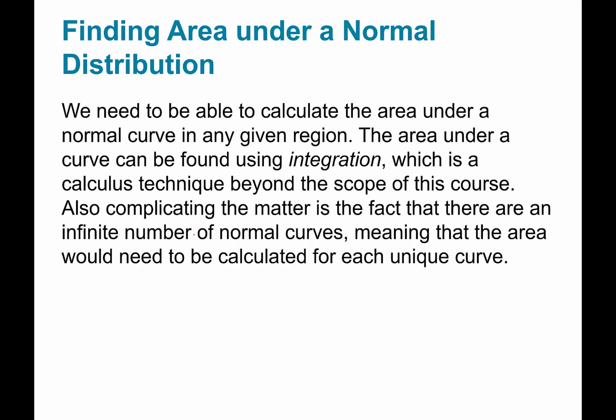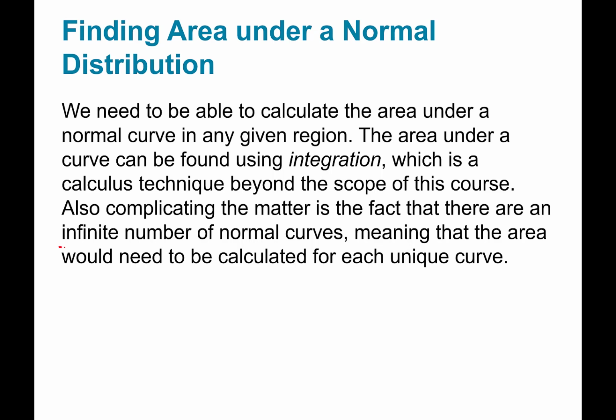We need to be able to calculate area under a normal curve in any of the given regions. You can do this using integration. That's in calculus, though, which is beyond the scope of our course, so don't worry about that. Another thing that makes this difficult, if you're trying to do this by hand, is the fact that there are an infinite number of normal distributions.